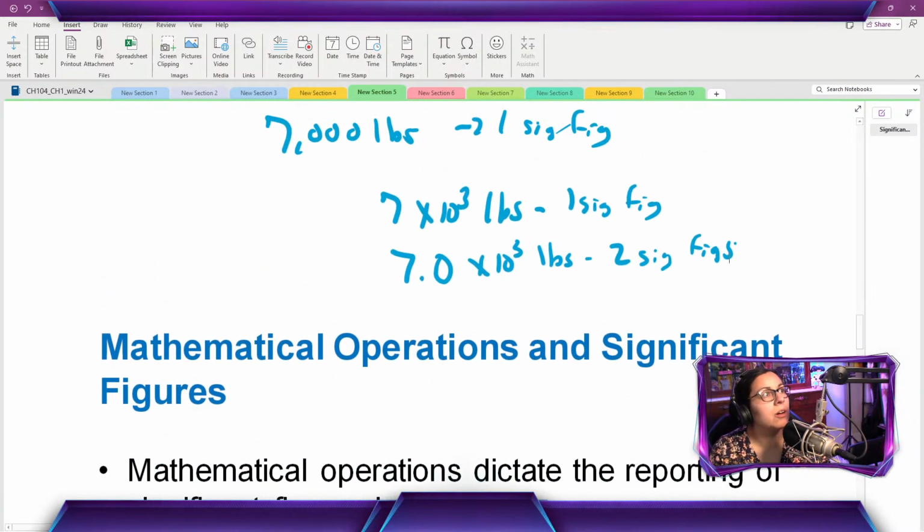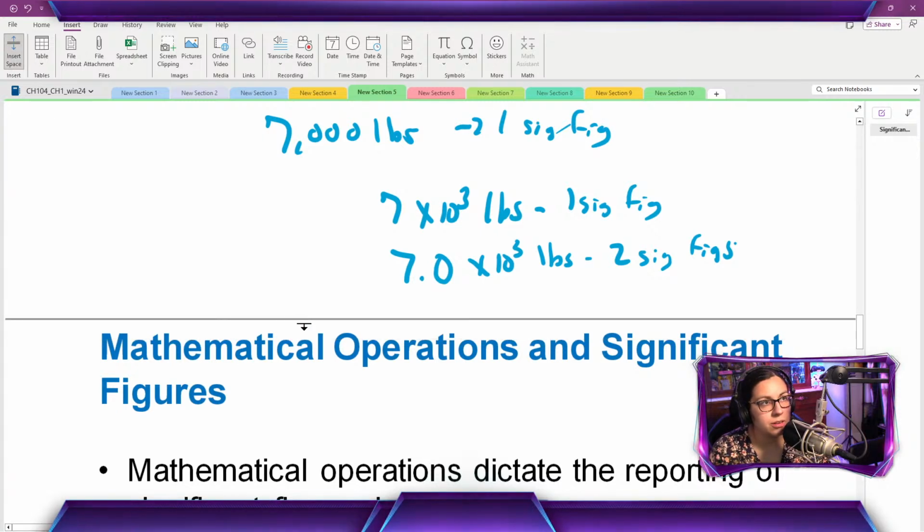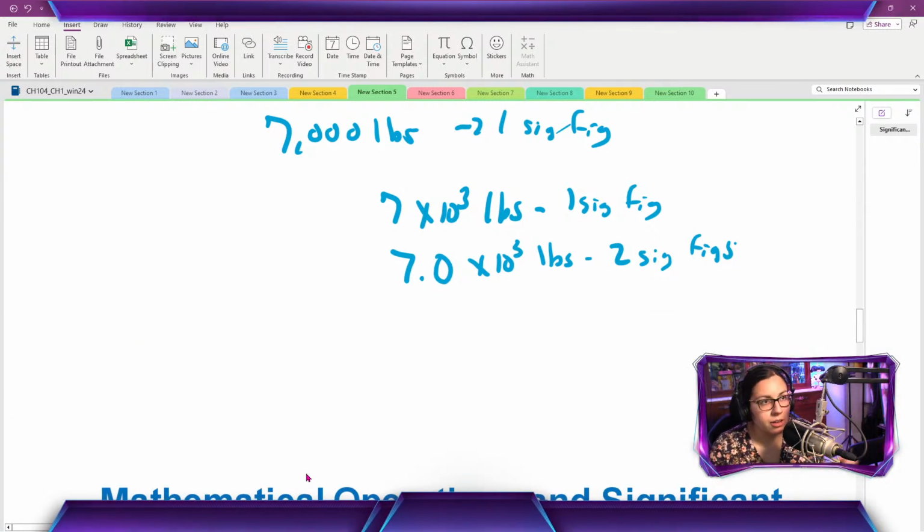And we can just go on like this, right? So again, it just depends how accurate your scale is. So maybe it's accurate to all of those digits, right? So you could do 7.000. Maybe it's even accurate to the tenths in pounds. So 7.0000 times 10 to the third pounds.